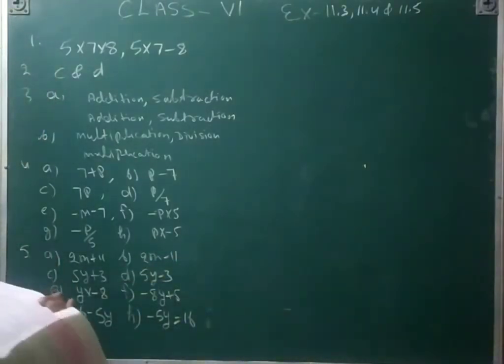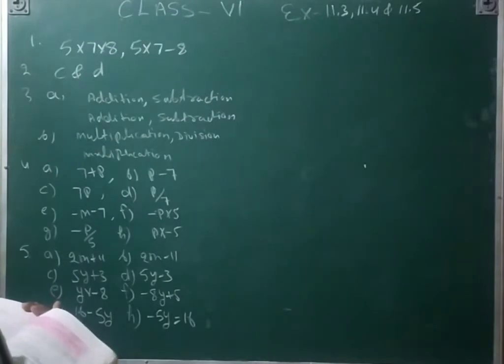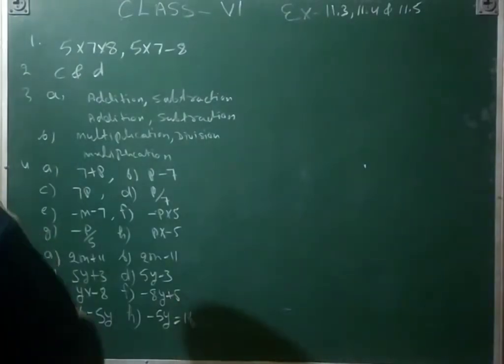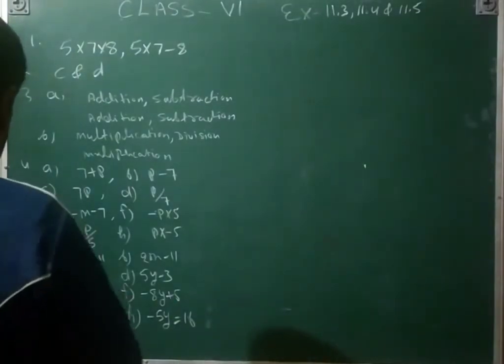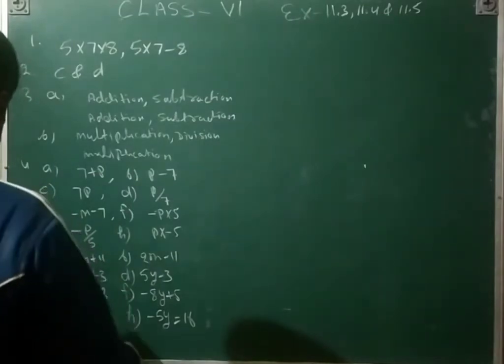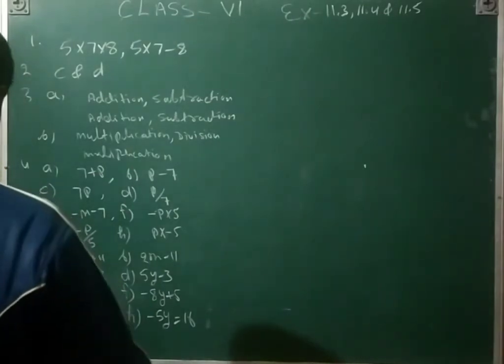Question number 6. A, form expressions using t and 4, use not more than one number operation. Every expression having t in it. So how will you write that?